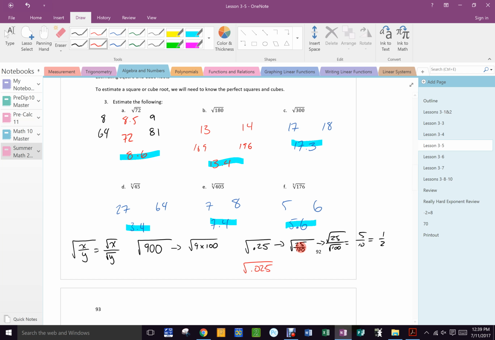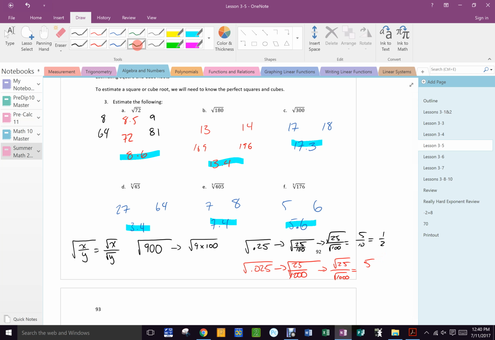This is really what? 25 over what? 1,000. So that's really the square root of 25 over the square root of 1,000, yes? 25 has a square root. Does 1,000? No. 100 does. 10 times 10 is 100. 1,000 doesn't have a square root. It's not perfect. So this one is irrational, like we were talking about yesterday.